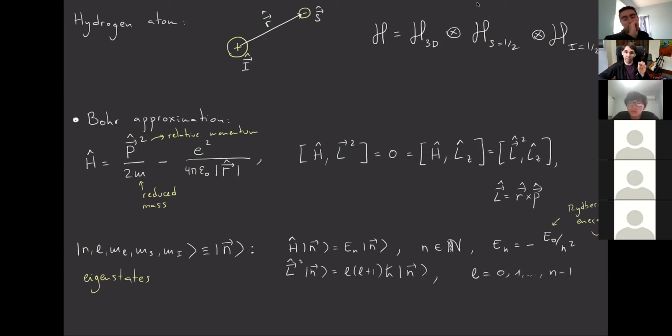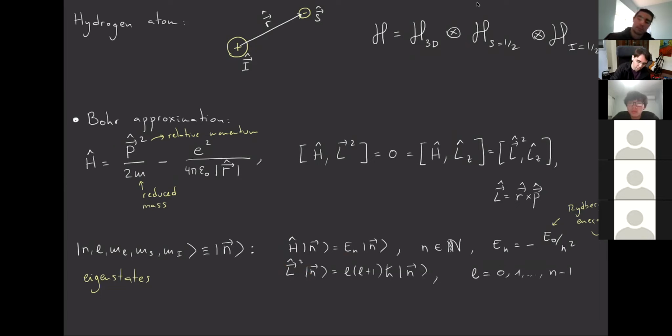So when you fix n, so you say, I am working with the eigenenergy E1 or E2 or E100, this fixes what are the available total angular momenta that you can have for that specific choice of n.